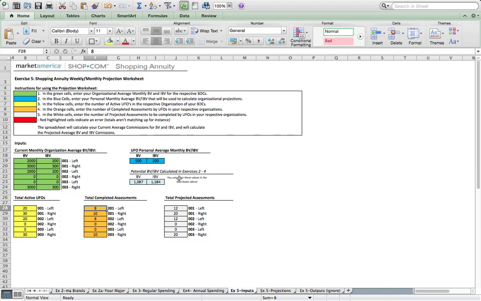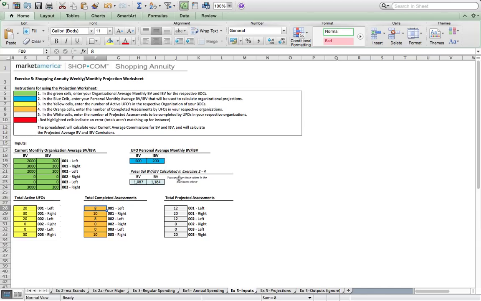Below that is what your numbers have indicated that you could do on a potential monthly basis that may be different from the average that you see above. So you'll see where you fall in your averages from the 500 BV to the 200 IBV. And in this scenario, with taking in all of the MA branded products they selected, the annualized spending and the monthly spending, we've identified a lot more volume that could be produced.